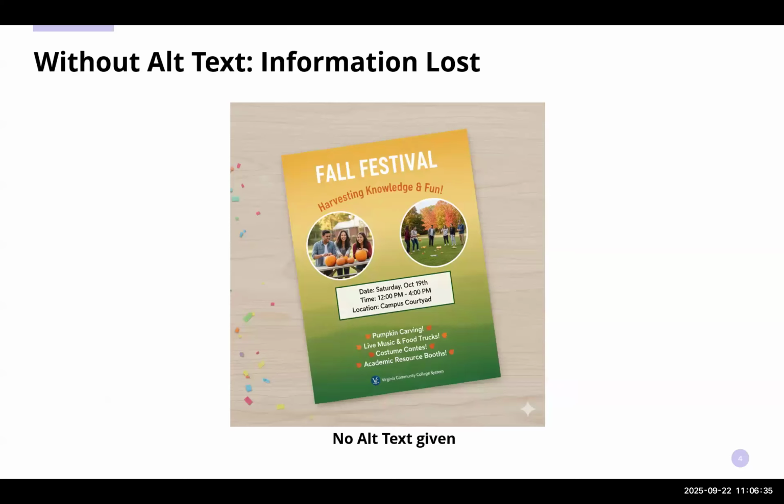Now let's take a look at the slide. Imagine how a person using a screen reader would interpret this image. There is no alt text, so without alternative text, there is no description at all. The screen reader might just say image or graphic. That's it. No context, no meaning, no other description.